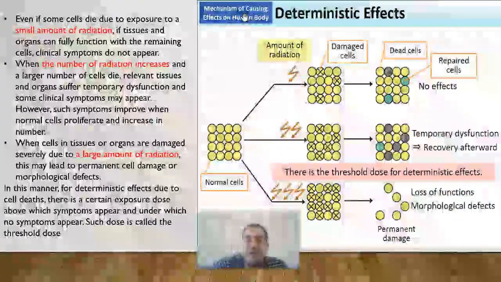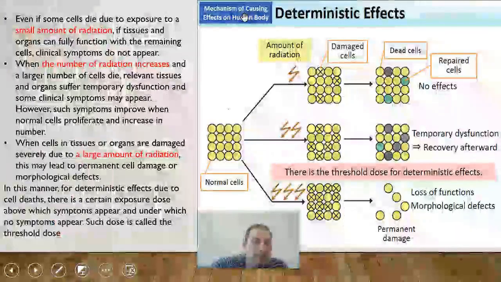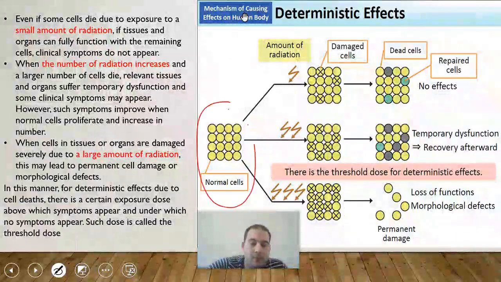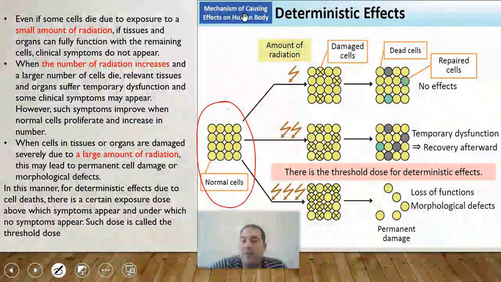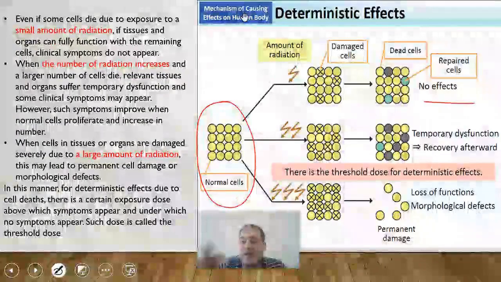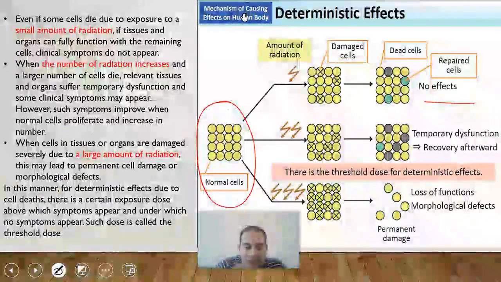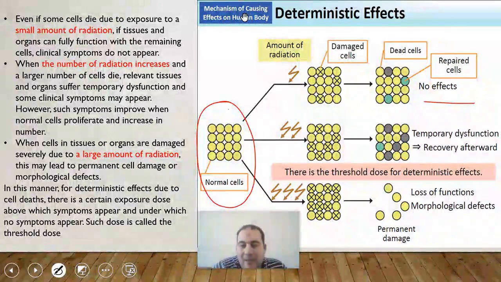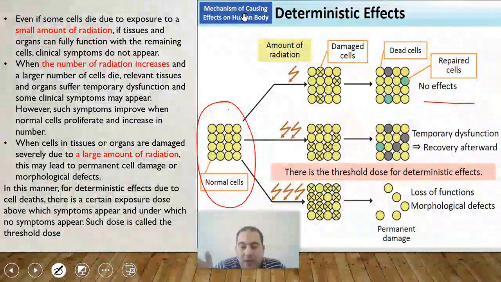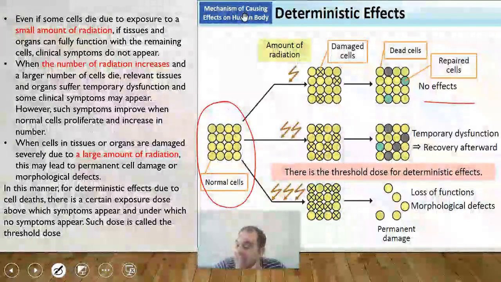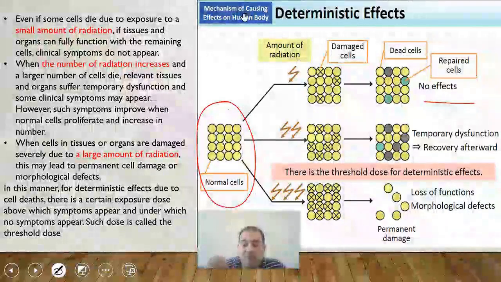In the deterministic effect, as I previously mentioned, damage can affect normal, healthy cells. If these cells are exposed to ionizing radiation, they may become damaged cells. If there is successful repair, the effect may not be immediately noticeable, or it may lead to a temporary dysfunction, meaning the cells may take some time to fully recover.